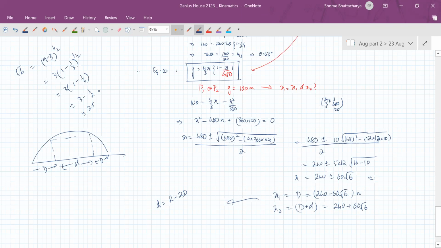I think it is 2.45 actually. Anyway, 2.45 if you take, or even if you approximate it to the first place of decimal, it will come to 2.5.